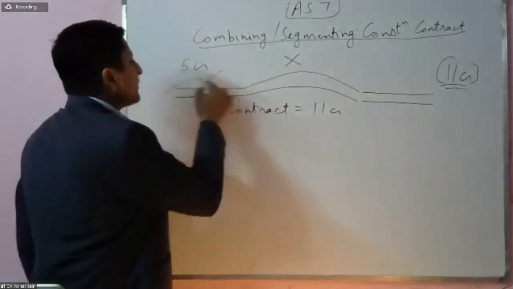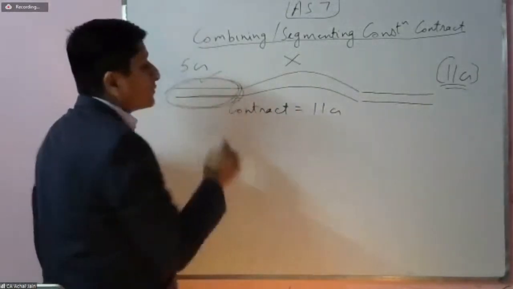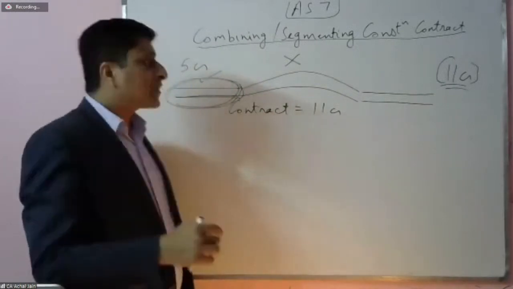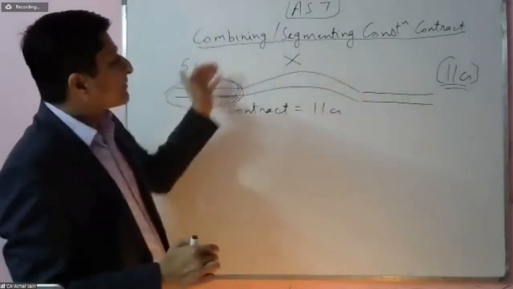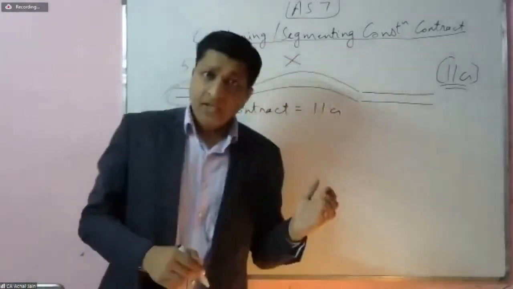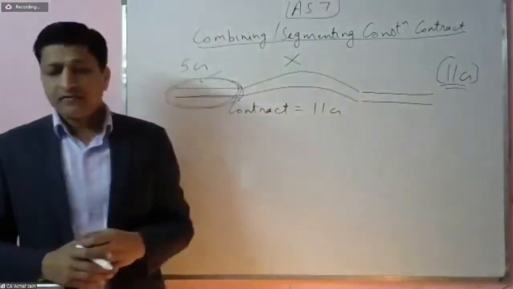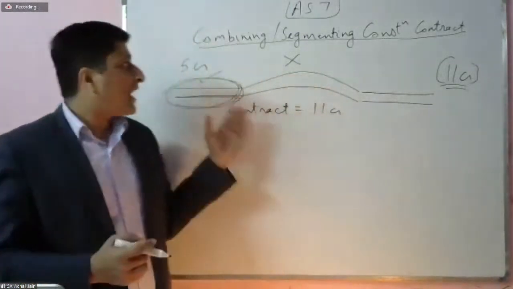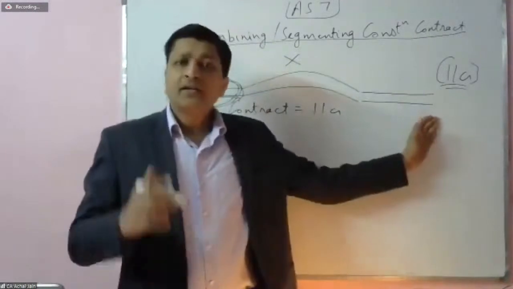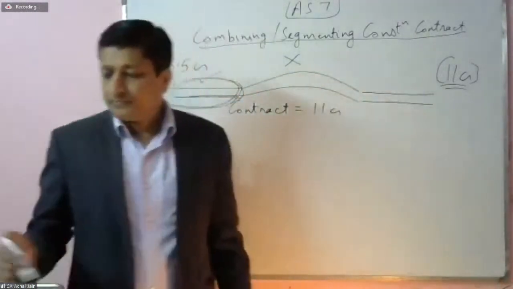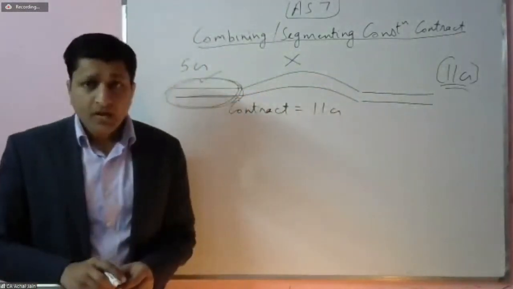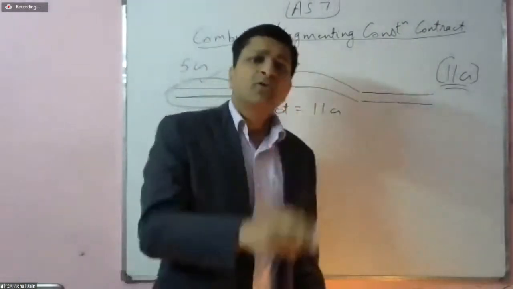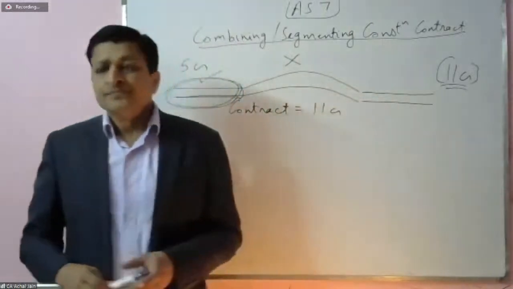Let's suppose this particular part will be completed. So we'll not recognize 5 crore as revenue. No. We will check what is the percentage completion in respect of this entire contract, and we will accordingly recognize it. Why? Because in a way we have considered as if this entire part is a single contract, irrespective of the fact that 3 separate legal contracts have been executed.